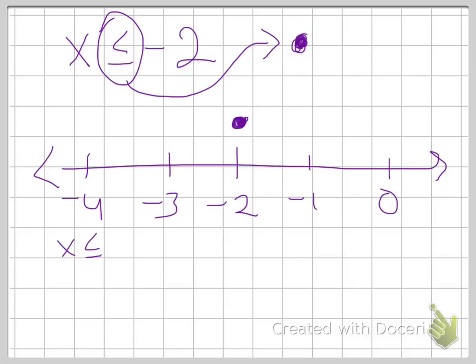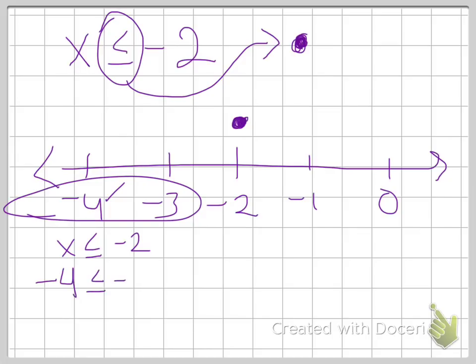Now I'm going to use my test a point strategy, and I'm going to pick something from the left side of -2. How about -4? -4 is less than or equal to -2. Absolutely, this is true. And let's just check the other side.